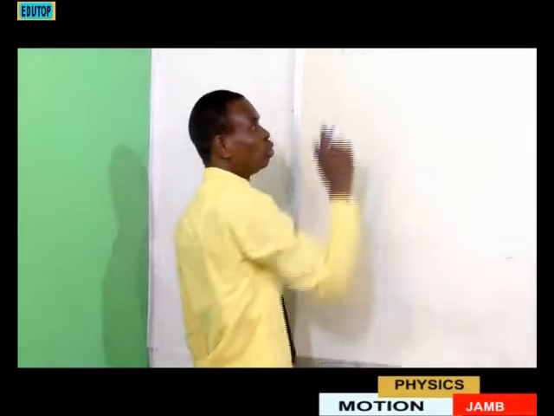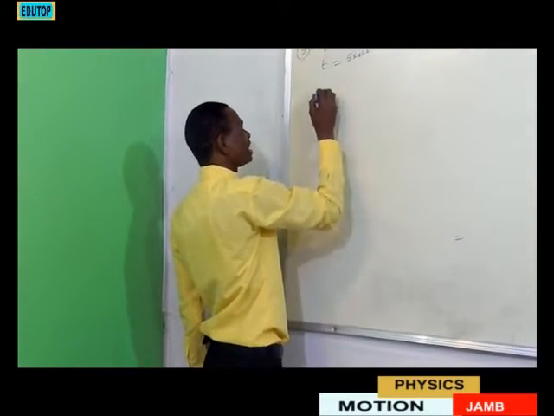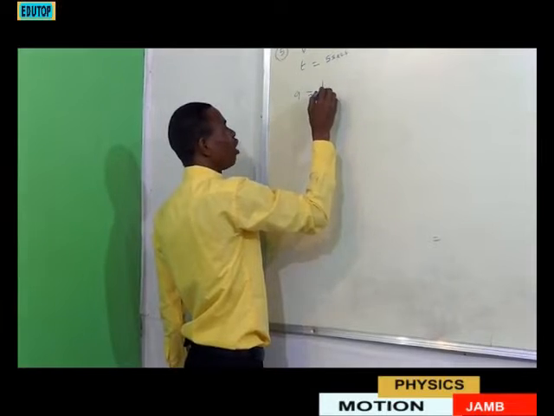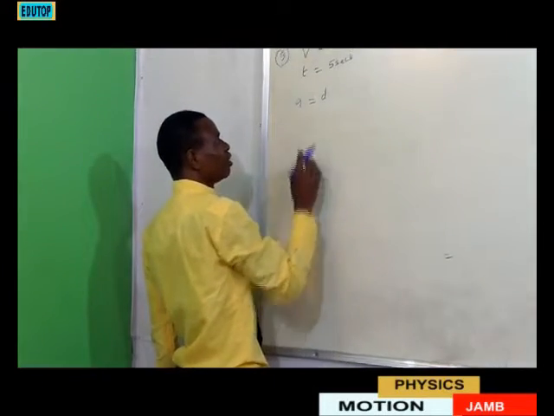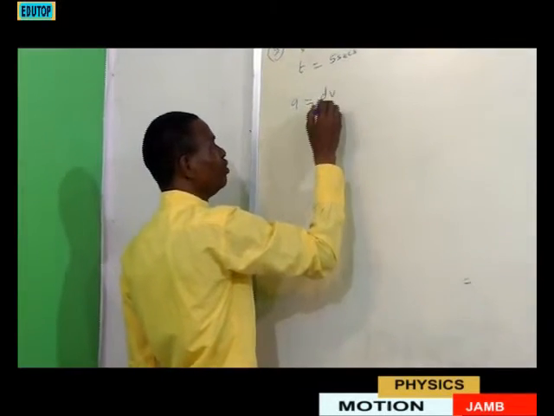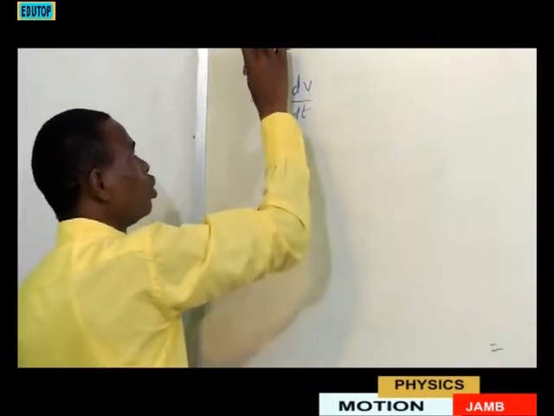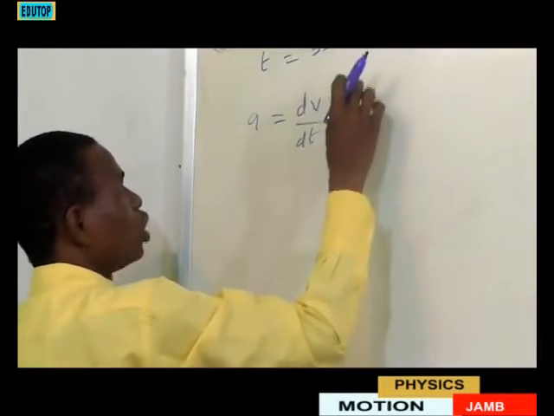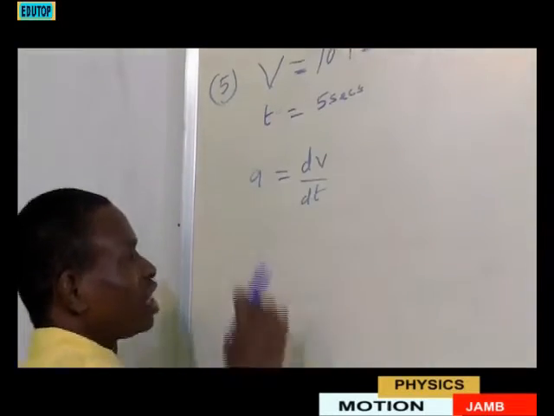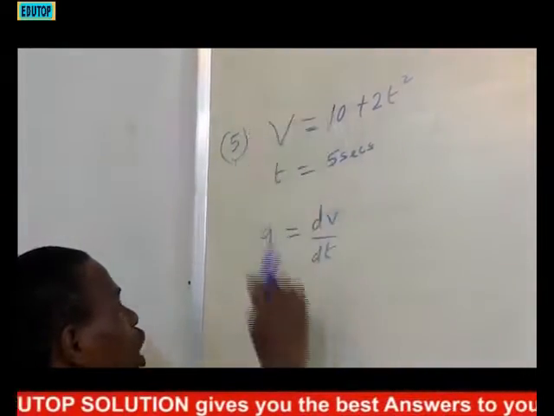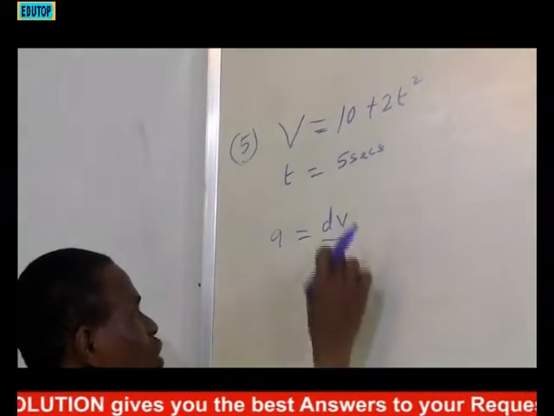That is what we want to use now. So to get acceleration is going to be the derivative of this v. It's going to be dv dt. That is, we are going to differentiate this function with respect to time.